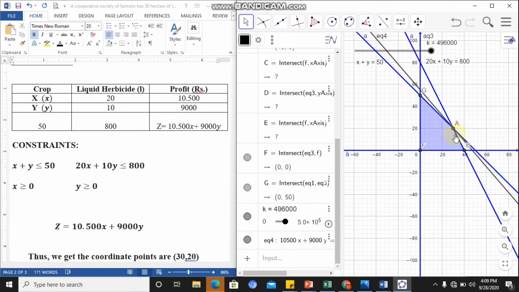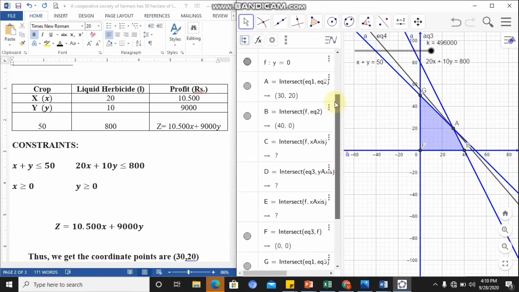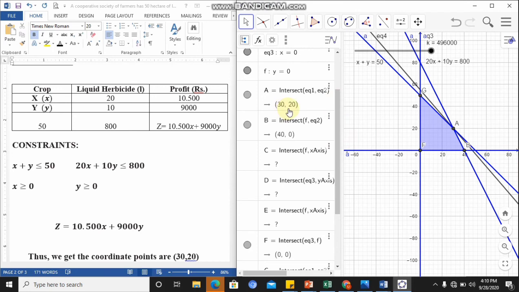So the last point that intersects with this graph is point A, and point A is (30,20).